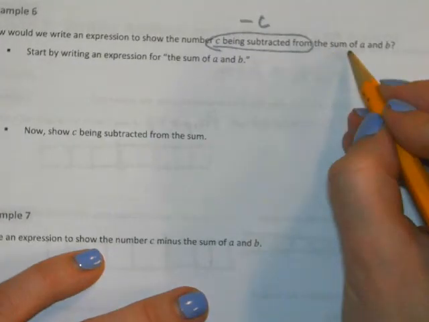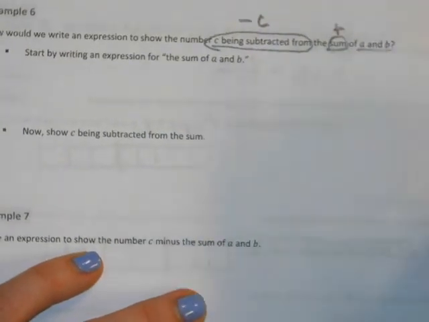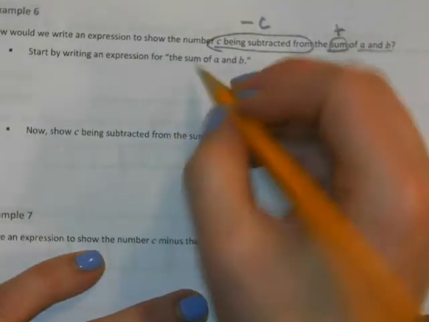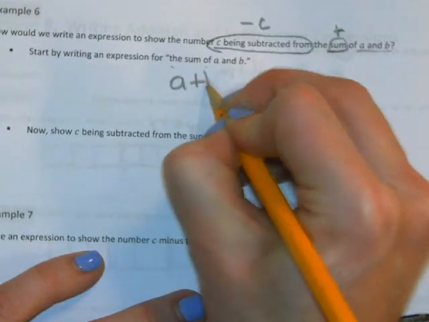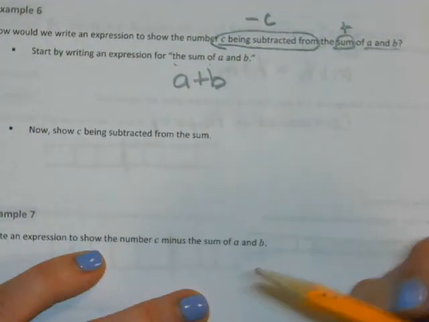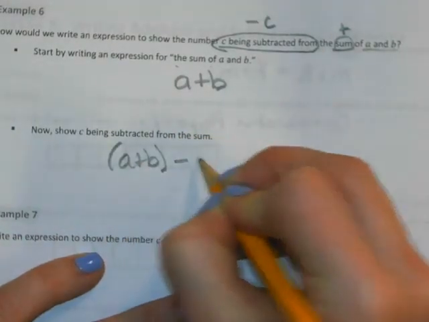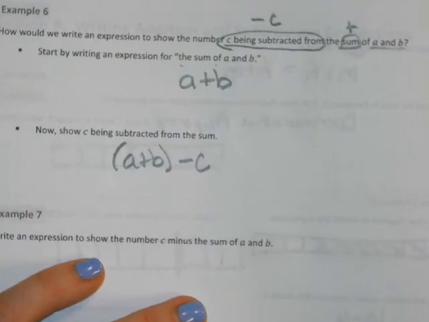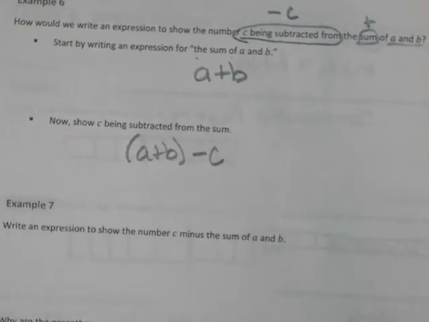And then the sum of, so we have the sum, which is addition, and then we have a and b. So the sum of a and b. So we're going to start with that. Sum is addition. And then it says now show c being subtracted from the sum. Well, we have the sum first, and then we subtract c.